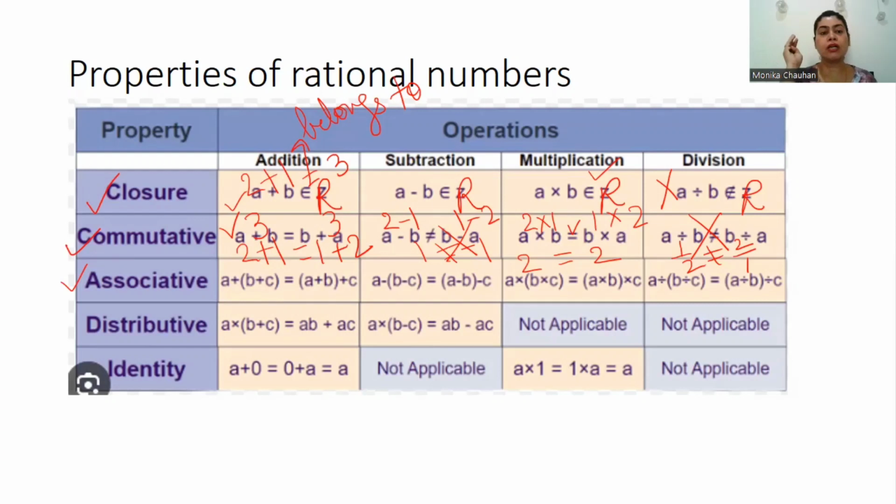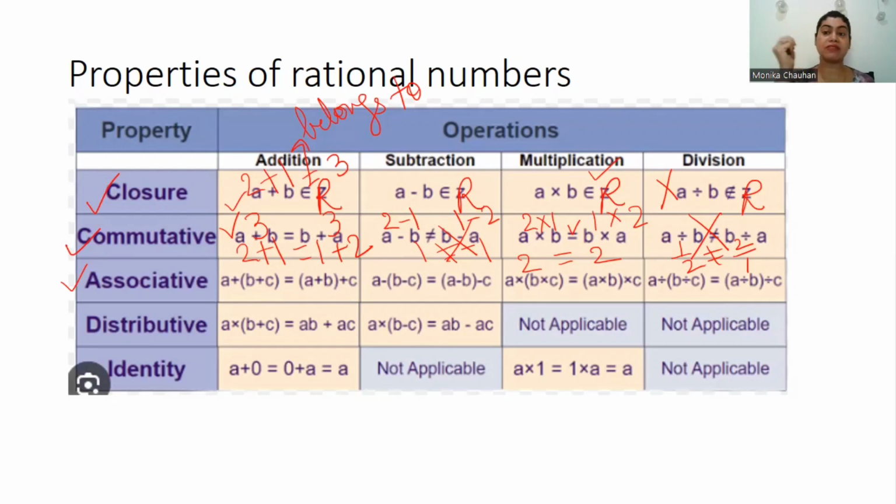So a plus b is equal to b plus a. Understand commutative property, it is always like this: it always deals with two numbers, and right side and left side should be the same if you change the order of the numbers. So it holds true only for addition and multiplication, not for subtraction and division. I hope this is clear to all of you.